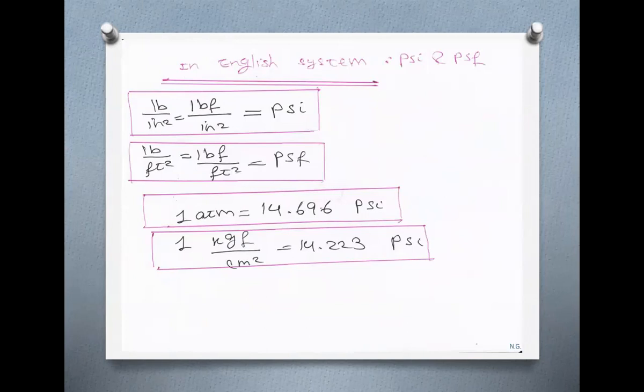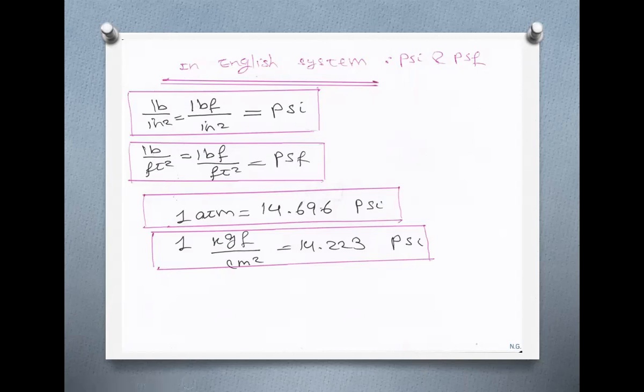When we say psi, what we mean is pound per square inch. Pound or pound force are the same. And when we use psf, that's pound per square feet, or pound force per square feet, right?